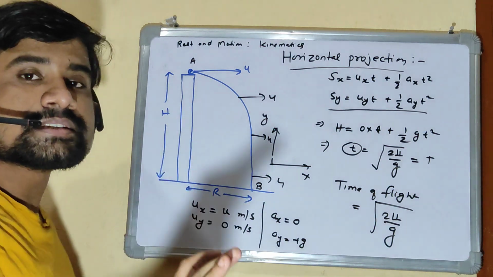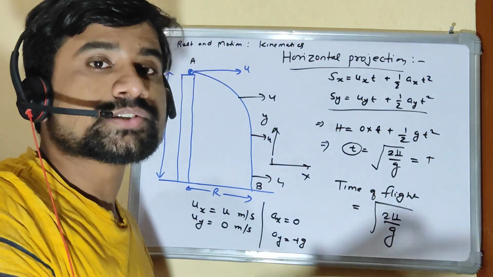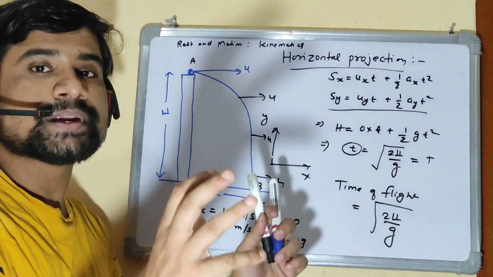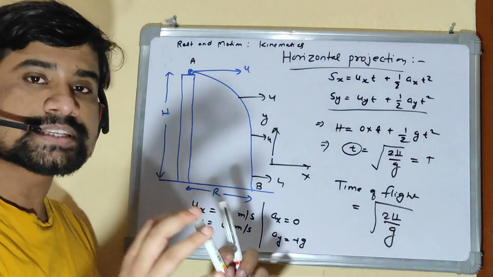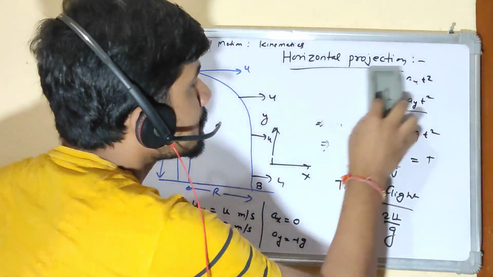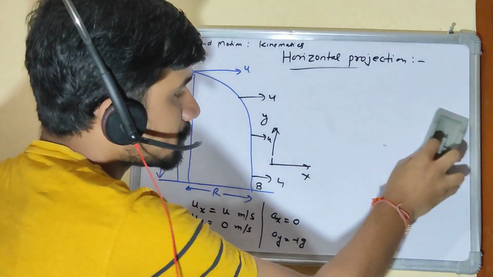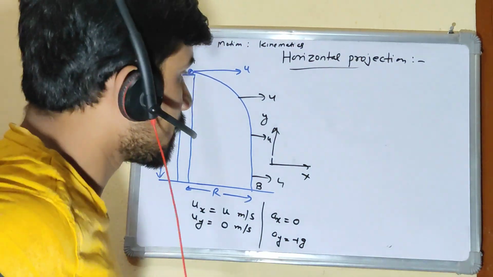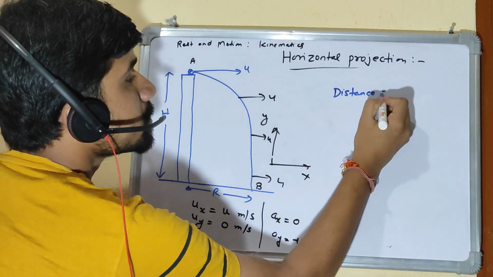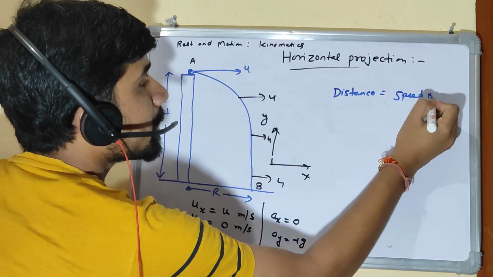So r is the distance covered in x direction, which is horizontal direction. You can easily calculate distance by the distance, speed and time relation. Since acceleration is 0, distance is nothing but speed into time.